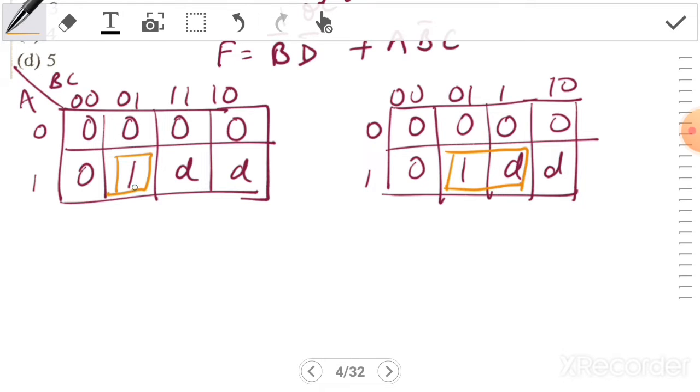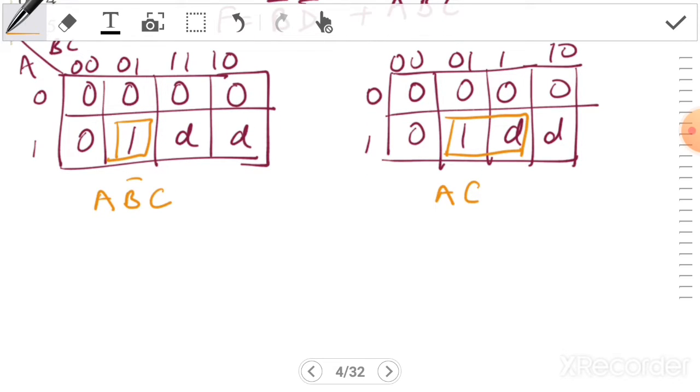For this we will have A B complement C, and for this we have A and C, right?